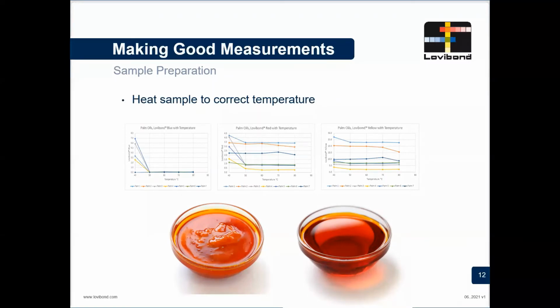And although it may appear melted at a lower temperature, you've still got some of those higher fraction oils that haven't fully melted. So you need to make sure that you heat the sample, maybe heat it a little bit more, watch those values and find the point where, for your particular oil, you have the right temperature where you can get that lowest reading on your red and yellow. And then you know that you're at the right sort of temperature for the samples that you're measuring, so you can fully melt those higher fractions of the palm oil.